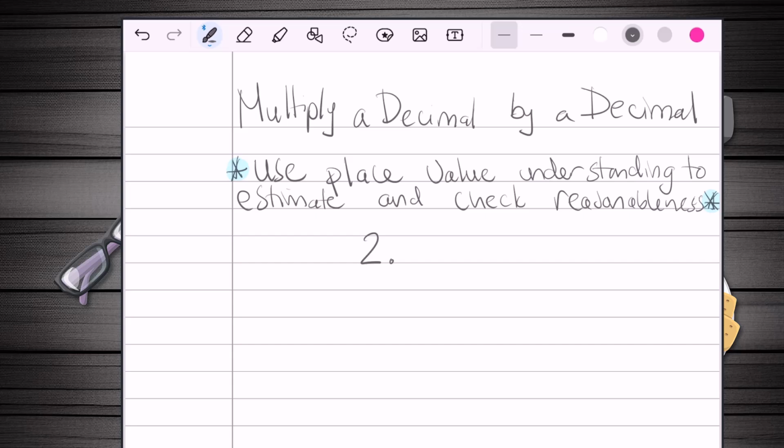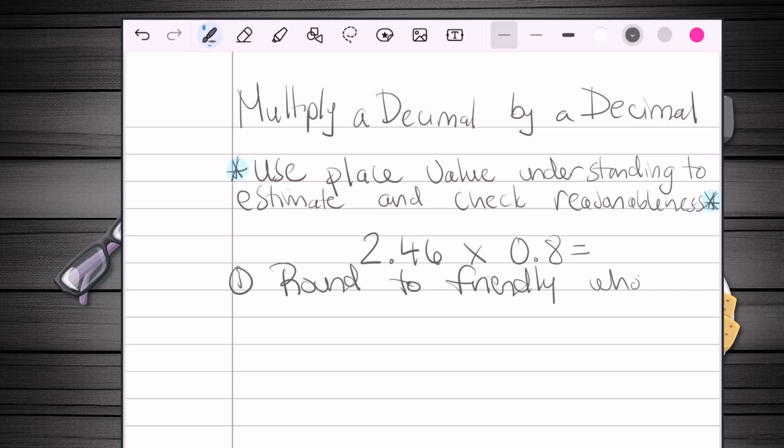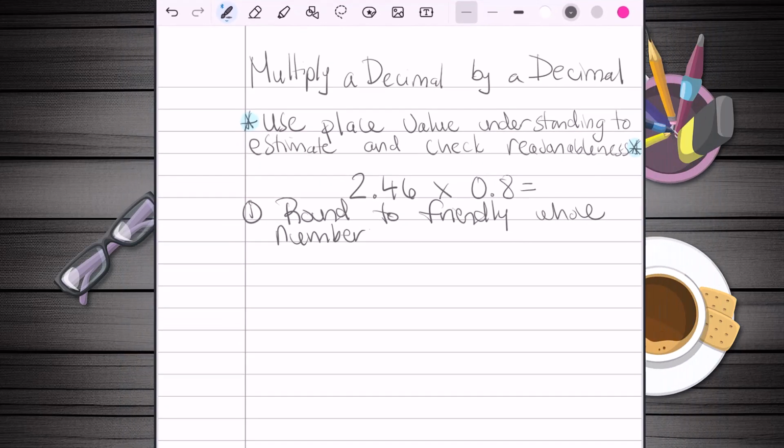We're going to multiply 2 and 46 hundredths by 8 tenths. So please write 2.46 times 0.8. Our step 1 is going to be to round to friendly whole numbers and estimate.